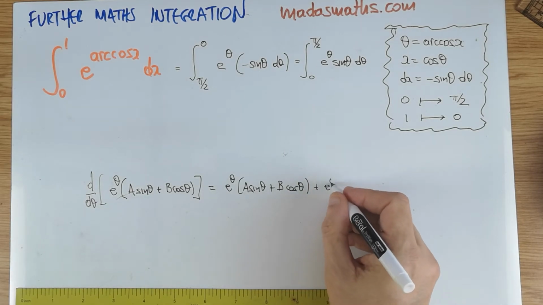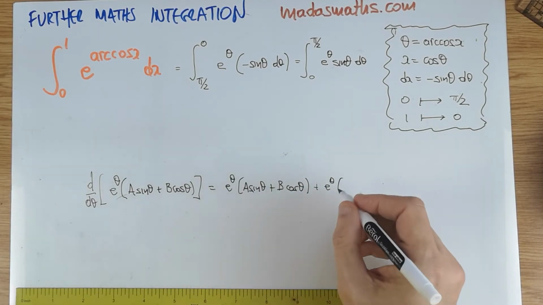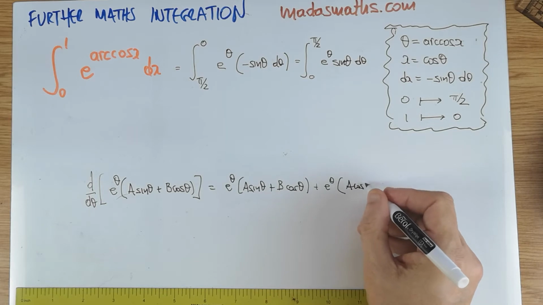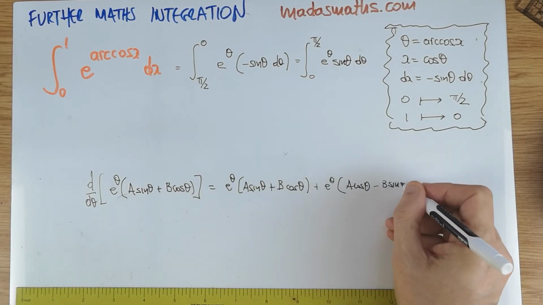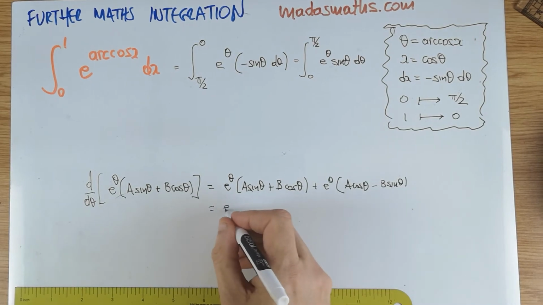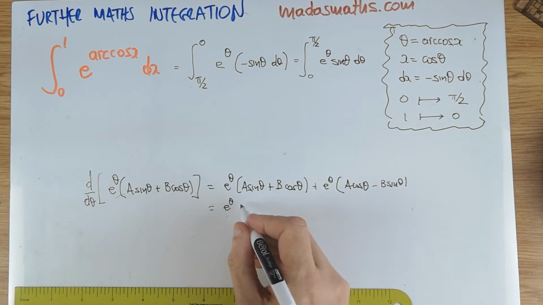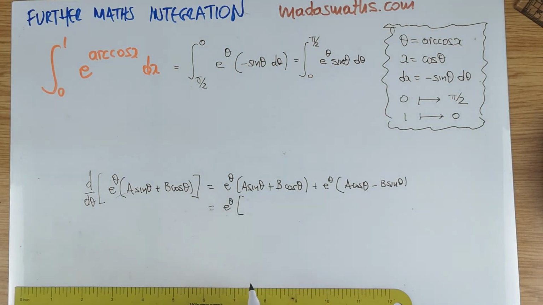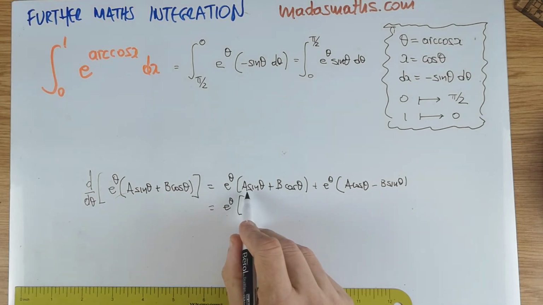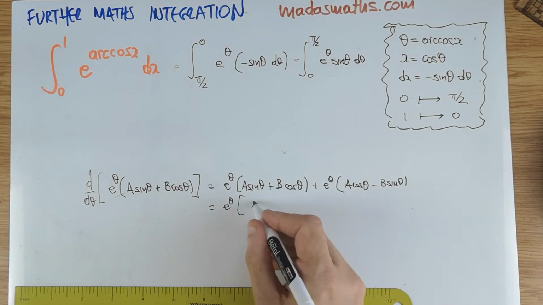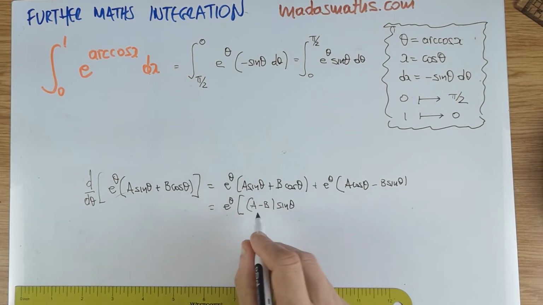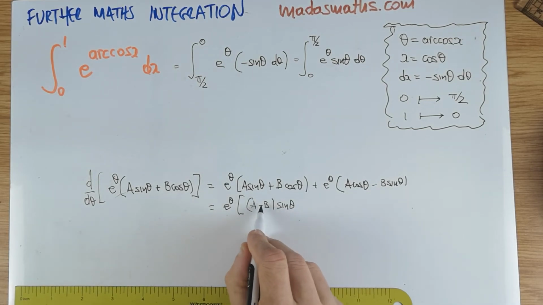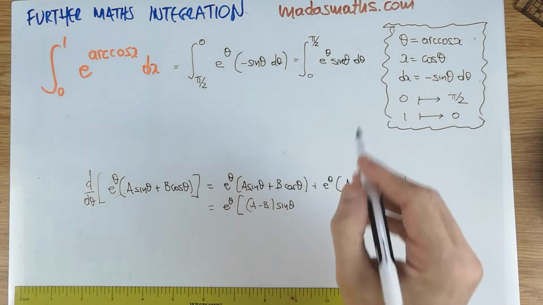And now leave the e to the theta alone and differentiate this quantity. So that's going to go A cos minus B sine. And now pull out the e to the theta on the outside and equate sines and cosines. So A minus B lots of sine theta, and this quantity here has to be 1 because, of course, we have one of them.